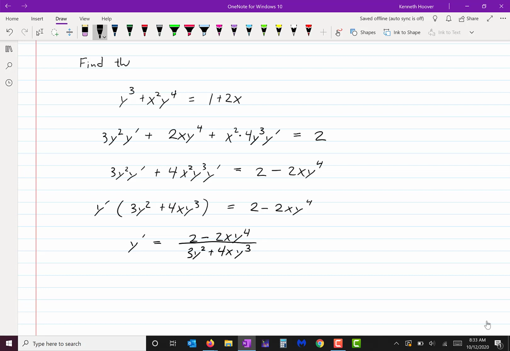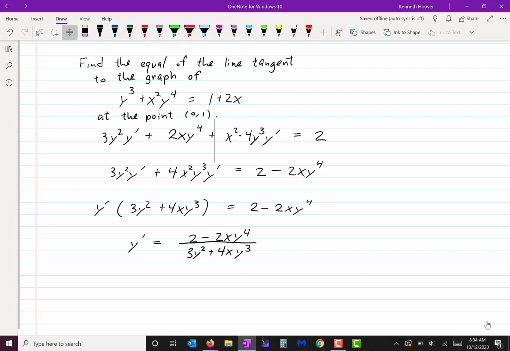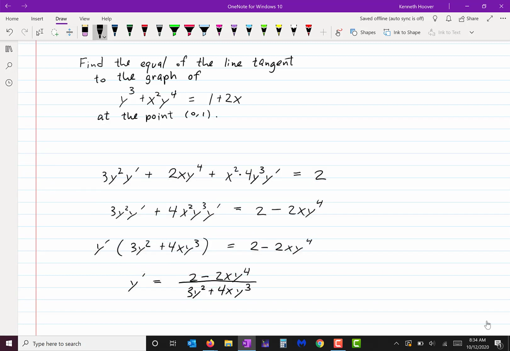Find the equation of the line tangent to the graph of that equation at the point 0, 1. Okay? What if that was our original equation? So what would we do?